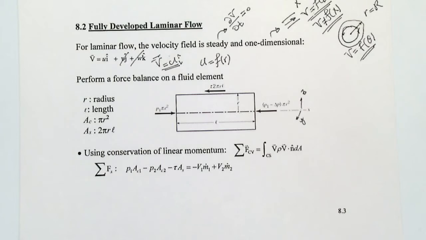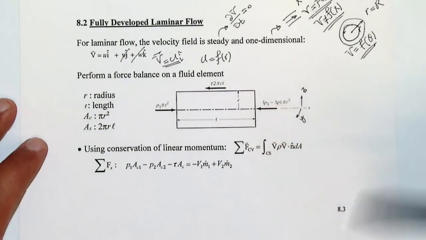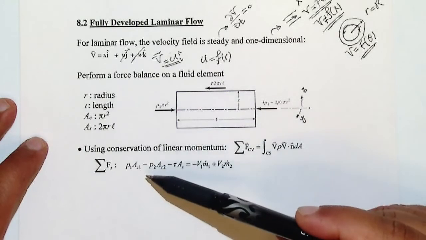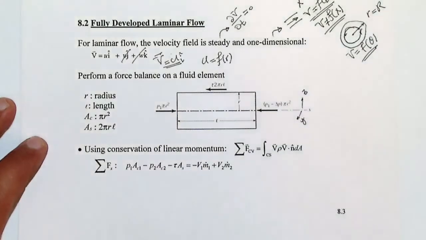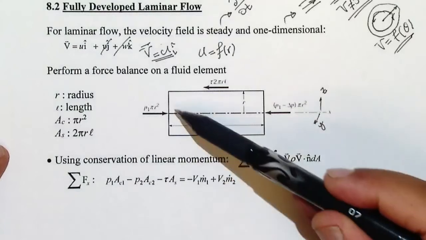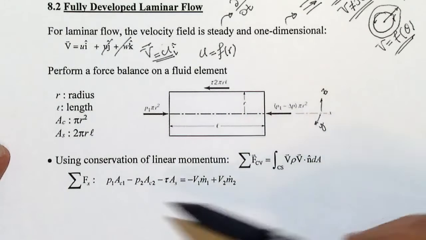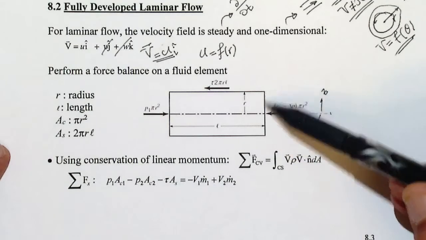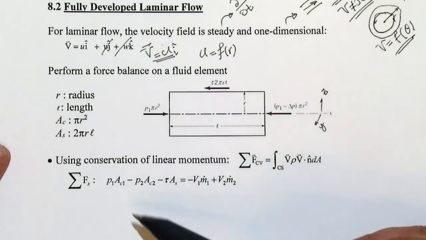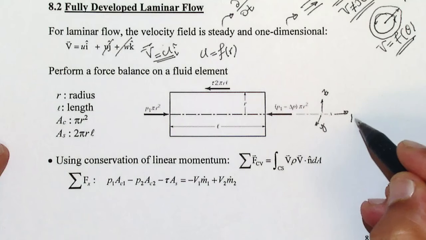So okay, if I assume that this is my control volume, then the forces would be, one is P1 AC1, where AC1 means the cross-section area here, okay? And you have P2 AC2, which is the area here, okay? That's the velocity, and the x is also in this direction.